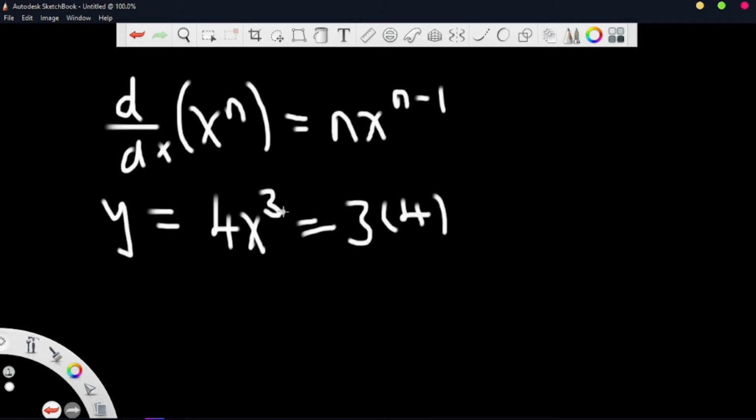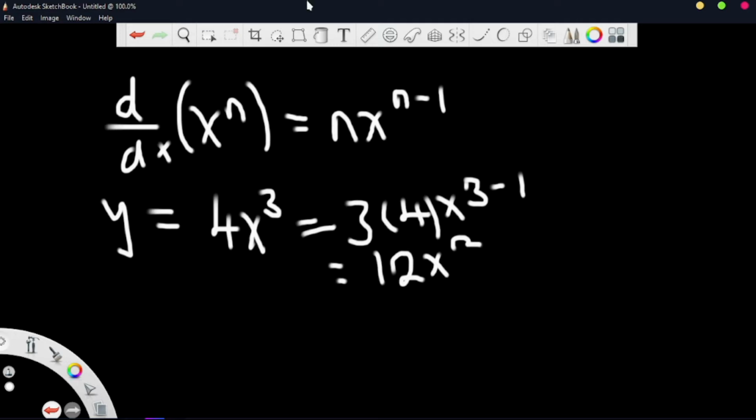And then my 3 will be subtracted by 1, and my x will be reduced by 1. So here I'll have 12x squared. So that's the power rule.